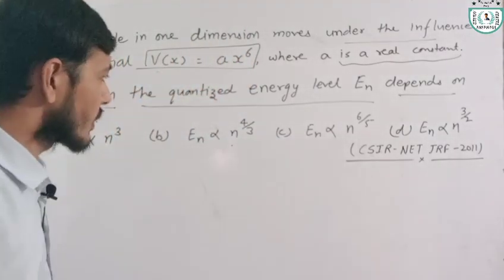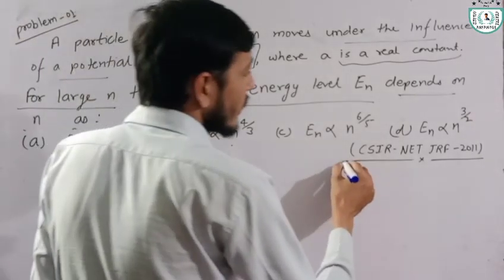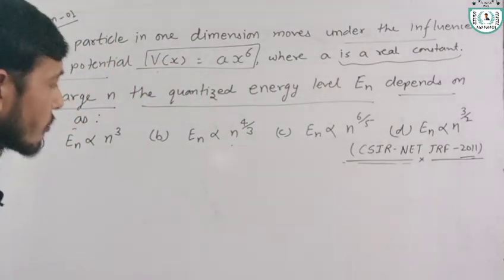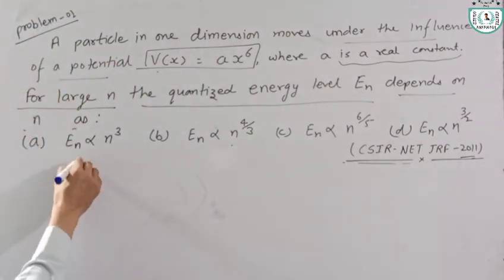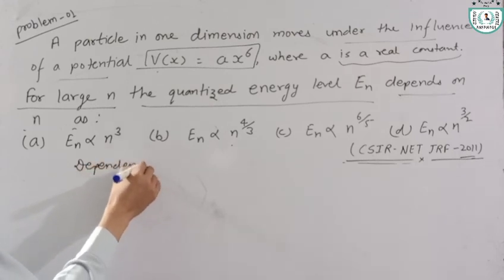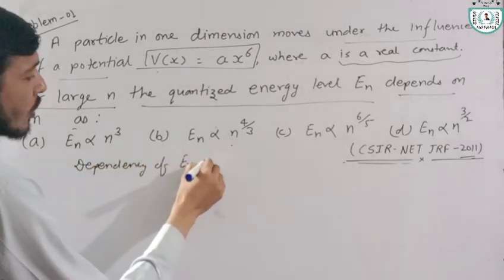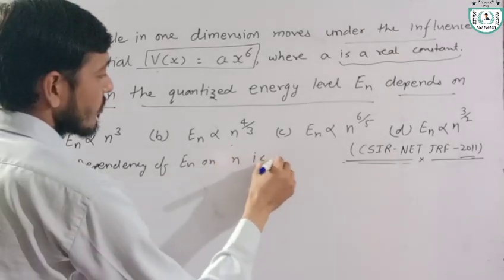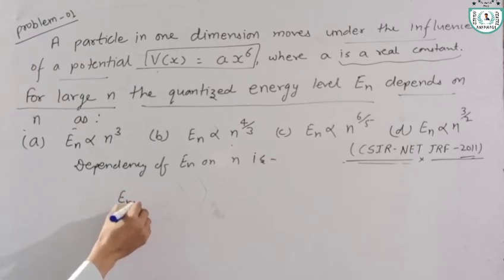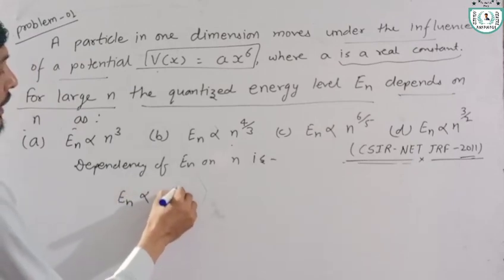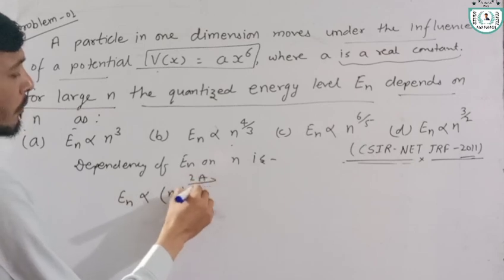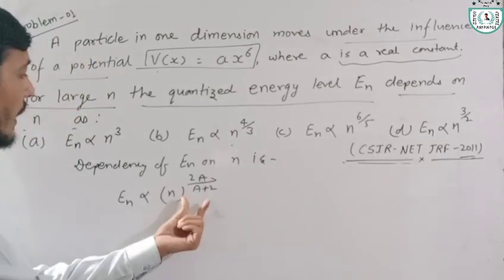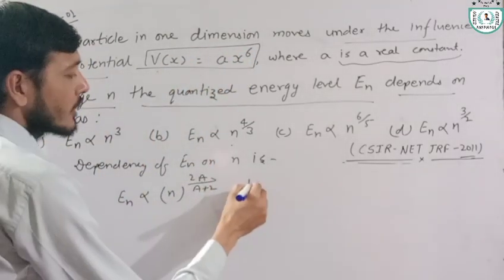This question was asked in CSIR NET JRF 2011. We know that the dependency of En on n is En proportional to n raised to power 2a/(a + 2). Here a = 6.